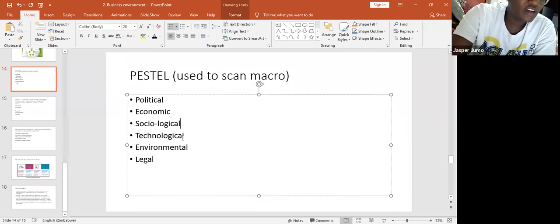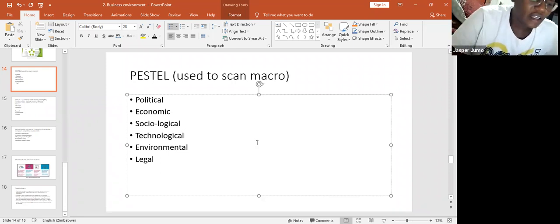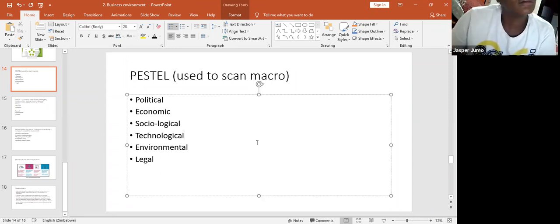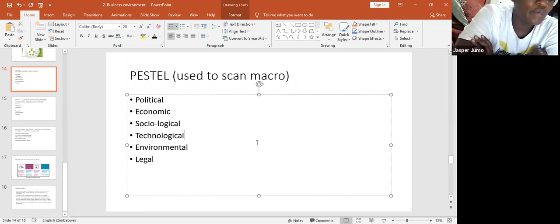Then the technological, you look at how advanced are they in terms of technology. Imagine you go to China, the way they are technologically advanced, and you want to be selling to them third generation computers, when already their technological advancement is such that they are now using 8th generation.